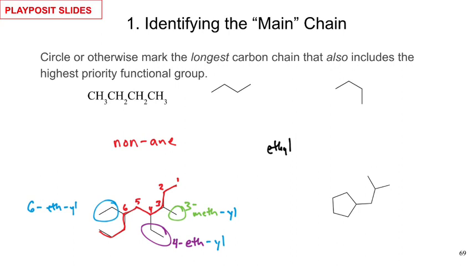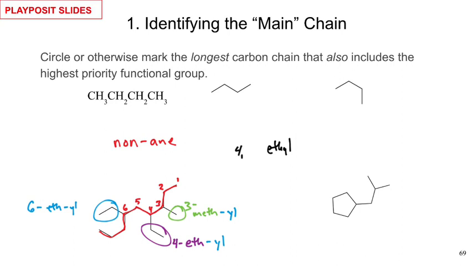Here's the fun part. I need to specify the location of that ethyl. Wait, which ethyl am I referring to? For those of you looking at it, you're referring to the purple one because you're pointing at it. But if we're at home, we can't see that because we can't gesture at it. We have to remove the gesture and say, which ethyl am I referring to? Well, I don't know. So my name has to reference both at the same time.